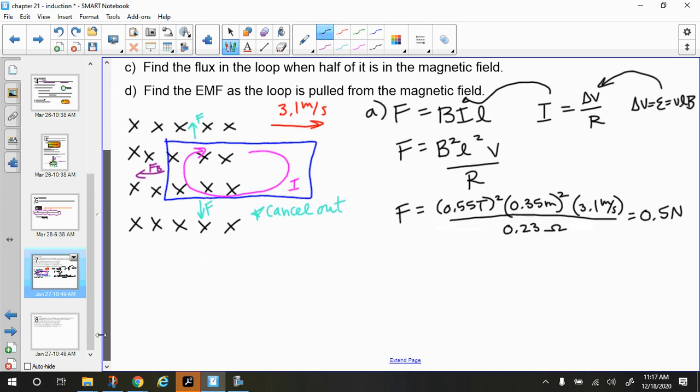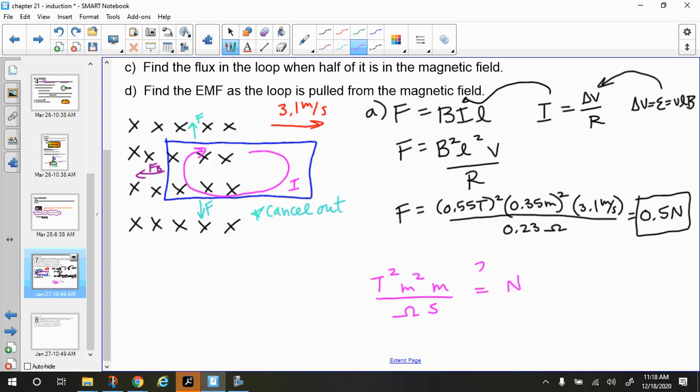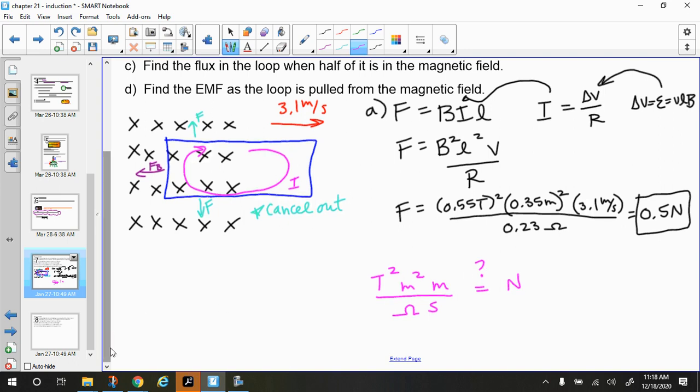Now, you might ask, how do those units work out to be newtons? Well, let's just check that out. So we have Tesla squared times meter squared times meter per second, divided by ohm. How does that equal Newton? Well, let's see if we can play around with this.